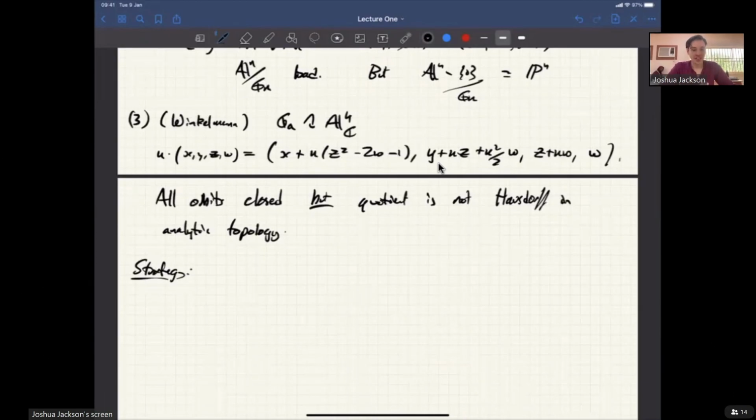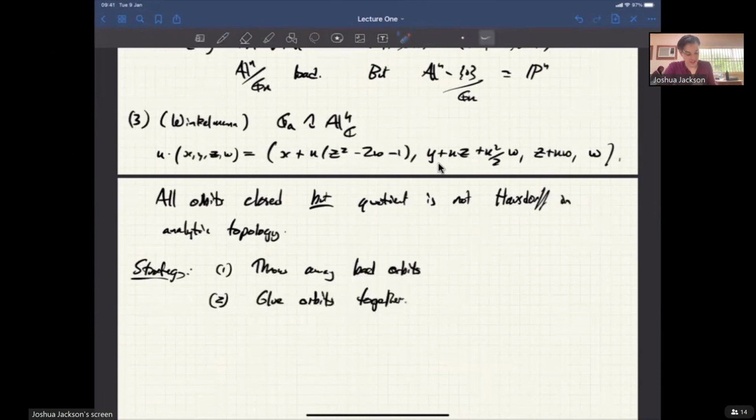Right, so the strategy is in general to do a combination of two things. So one is to throw away bad orbits. And the other thing is to glue orbits together. So for number one here, you should think about this example.